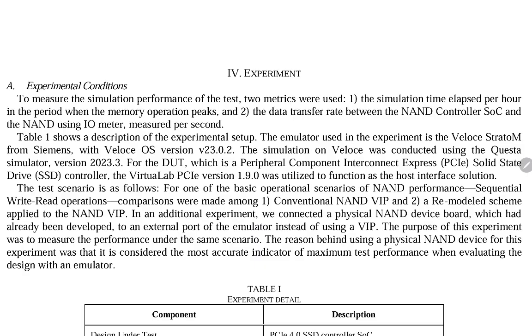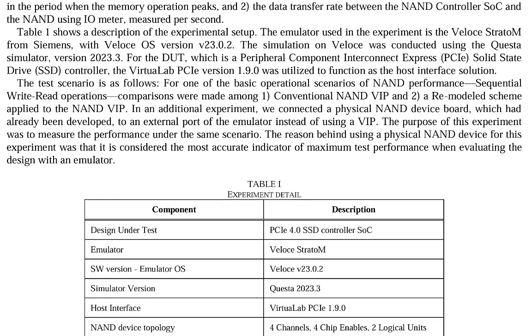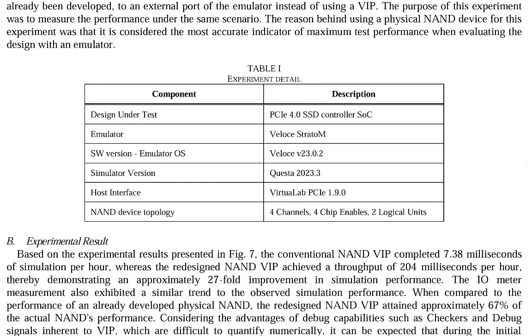The purpose of this experiment was to measure the performance under the same scenario. The reason behind using the physical NAND device for this experiment was that it is considered the most accurate indicator of the maximum test performance when evaluating the design with an emulator. So Table 1 is the experimental detail.